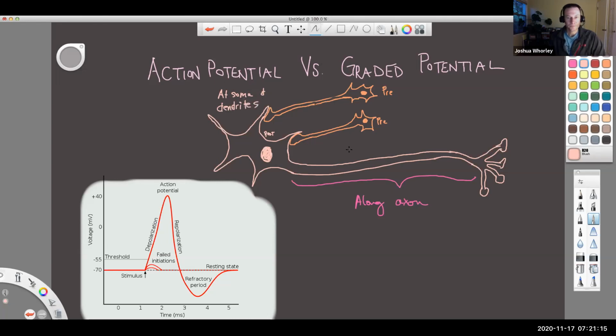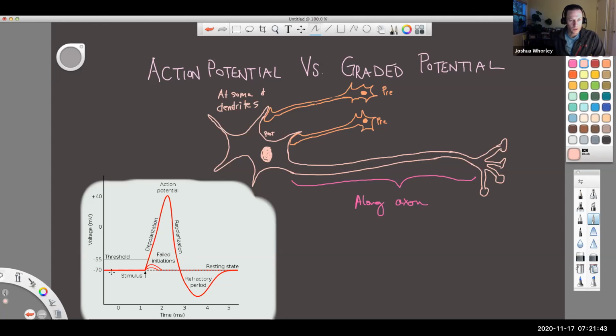And that really has to do with the stimuli that's being sensed here, and the stimuli that's being passed along this axon. Okay, so we know a few things about action potentials. I'm going to use this just to draw your attention to it. Then we're going to make a list differentiating these two.